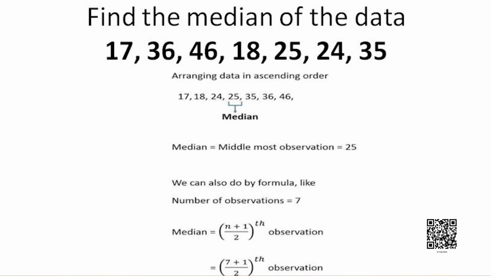How many observations? They are a total of 7 observations, right? So again 7 is an odd number. Before doing that, you have to arrange it in ascending order and then find the middlemost observation, or you can use the same formula, (n plus 1) by 2th observation, and you will get the answer.